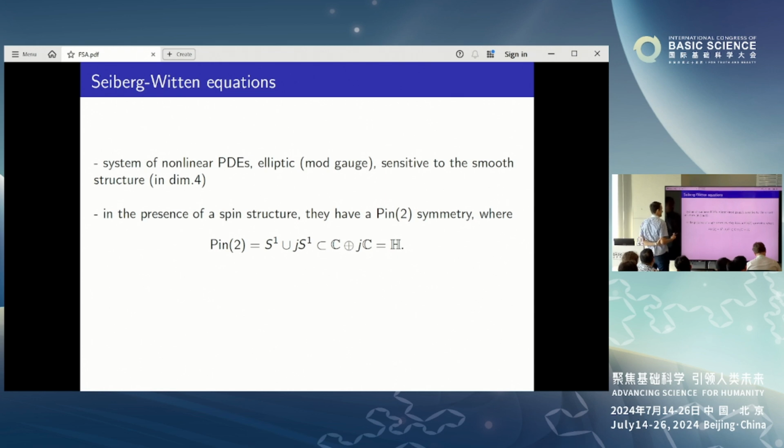They have an S1 gauge symmetry, but also an extra thing, a conjugation, which I denote by J. If you combine the S1 and the J, you get a group called Pin(2), a subgroup of the quaternions. You can think of it as S1 union jS1 inside the quaternions. So the equations are naturally symmetric under this group.